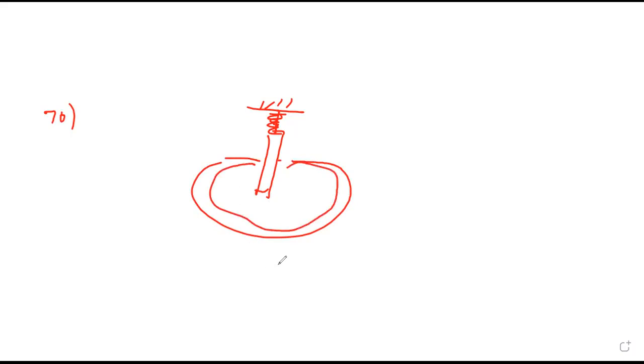While it oscillates, the magnet moves in and out of coil C. In and out means it oscillates up and down.